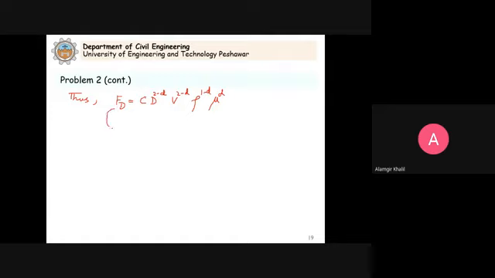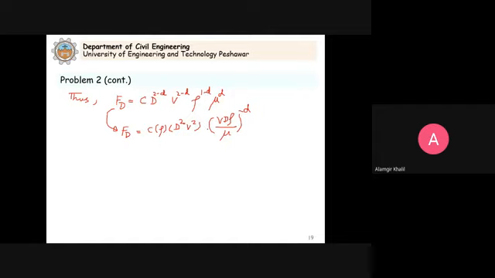FD will be equal to C into rho, you just simplify, into D square V square into (VD rho divided by mu) power minus D. We can just simplify the above equation to this.